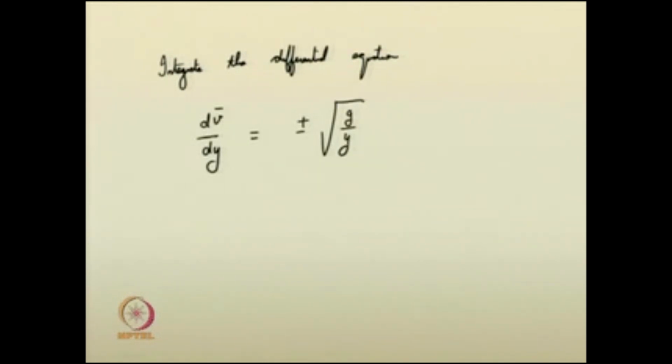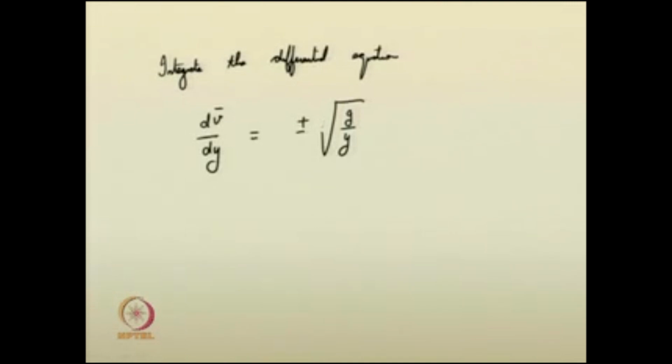As we have suggested, whether the wave celerity is negative or positive, based on that you have to incorporate a plus or minus sign in the equation. If the wave is propagating upstream, you have to use the negative sign.